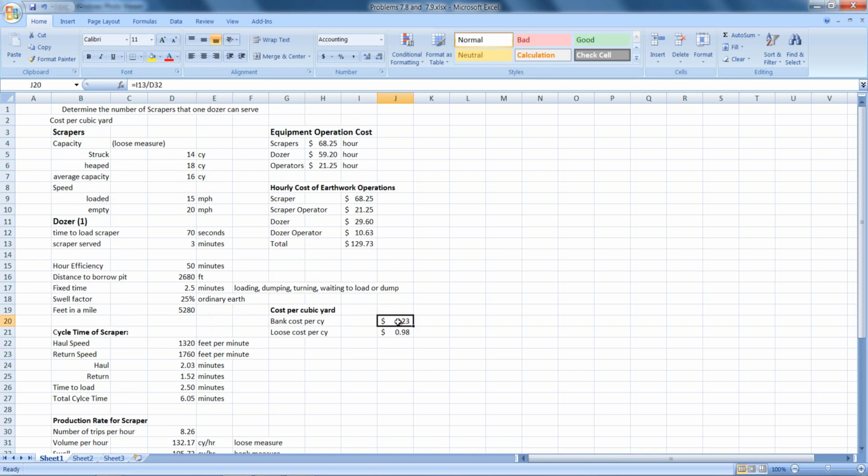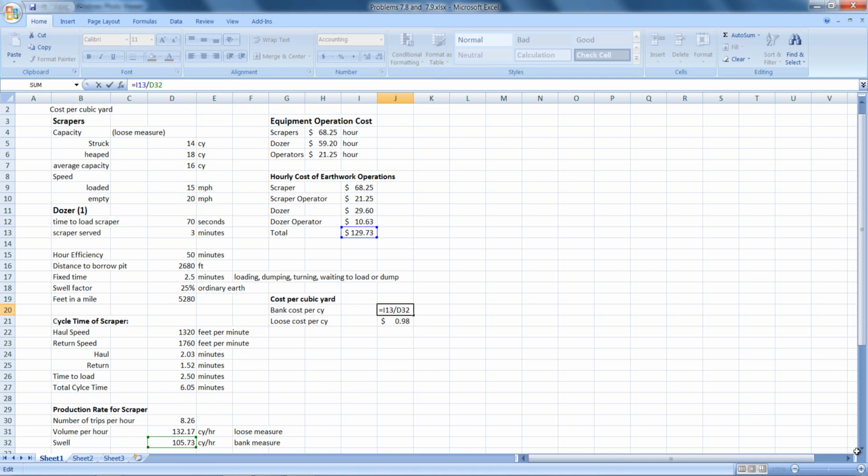So if we're going to figure the bank cost, essentially we just get the cost, $129.73 per hour, and then earlier we calculated that the bank measure was 105.73 cubic yards per hour. So what we're going to have then is the cost per cubic yard, and that's $1.23. On the loose measure, it's going to be 98 cents per cubic yard.